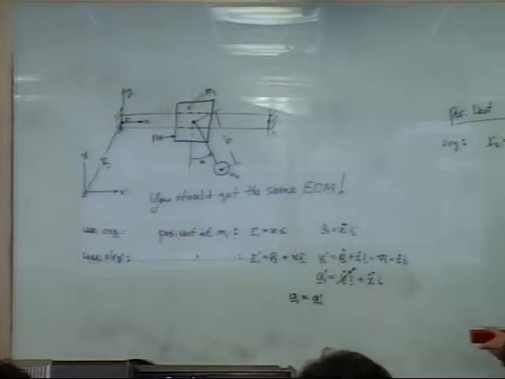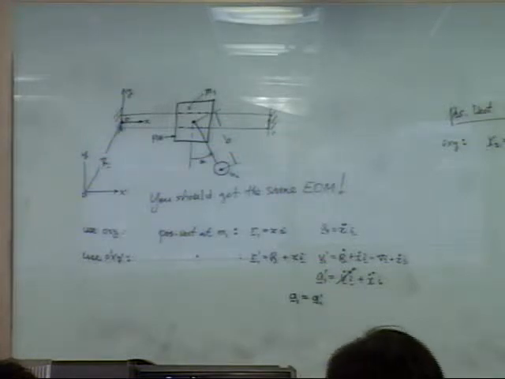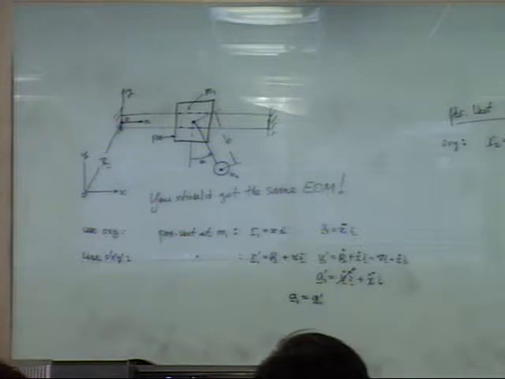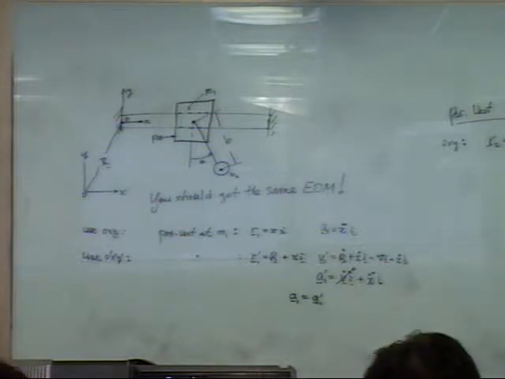So R2 plus, if I say this is B, say the unit vector along this line is E, and then the vector is B times E, like this. So this is B E.